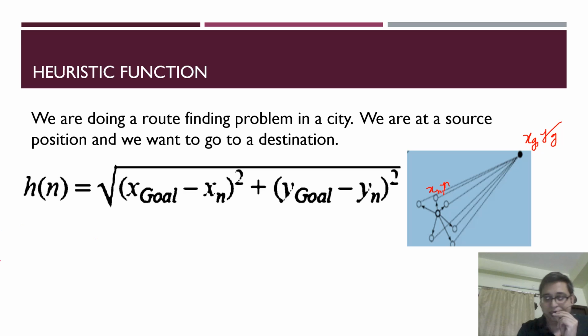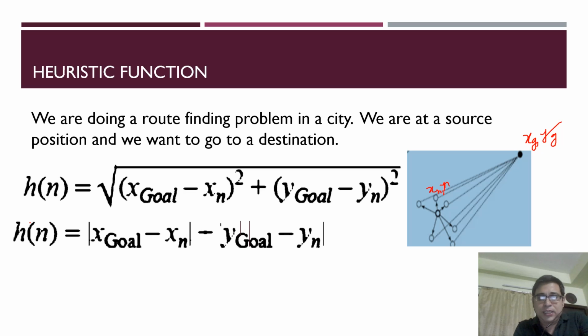So this can be one of the heuristic functions. What we are doing is trying to find out how close a particular node is with respect to the goal state, right? This is called the Euclidean distance.